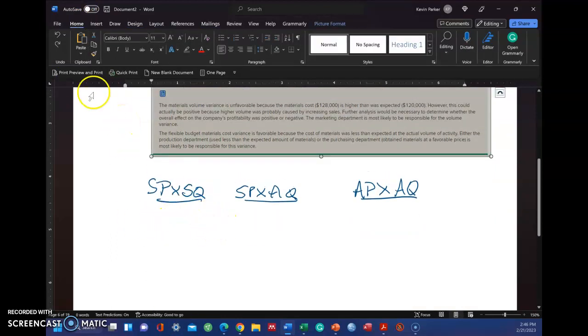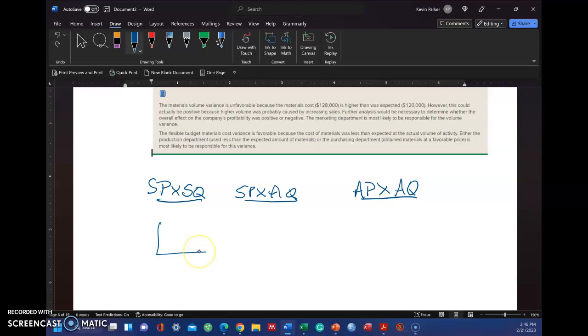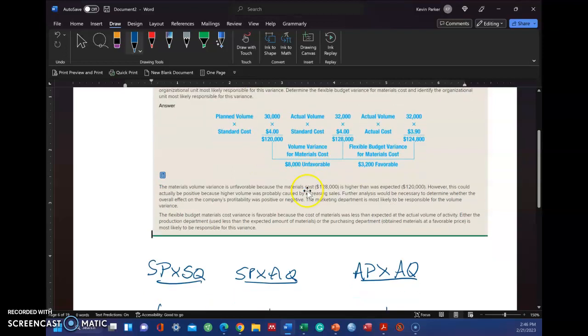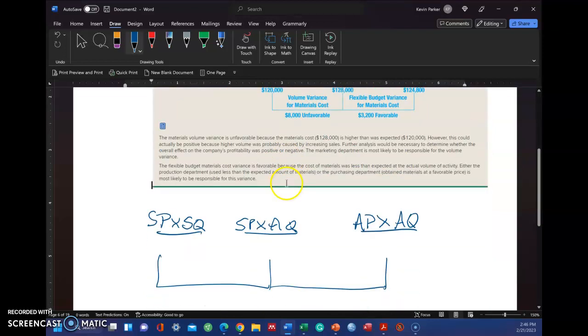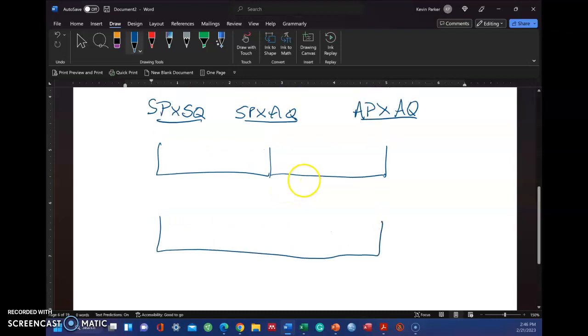My computer glitched. Okay, so what we can end up doing is calculating not the 2 variances that are in this check yourself problem, but 3. Now most people think, right here, this last thing I drew, most people think of the budget variance as that. We're going to look at that last, and that'll be how we recap.